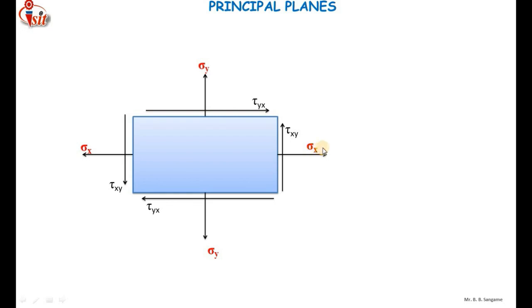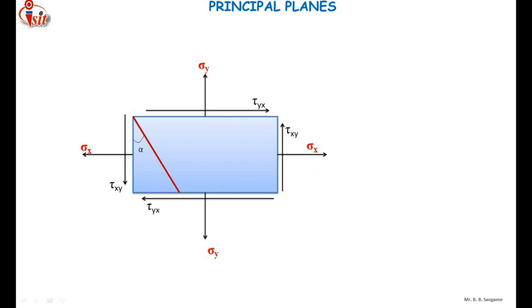So sigma x and sigma y cannot be considered principal stresses, and all four sides of this rectangle cannot be called principal planes, because on all four sides there is also a shear stress. Then where is actually the principal plane? What I am going to do is draw a plane inside the element, which is inclined at an angle of alpha.